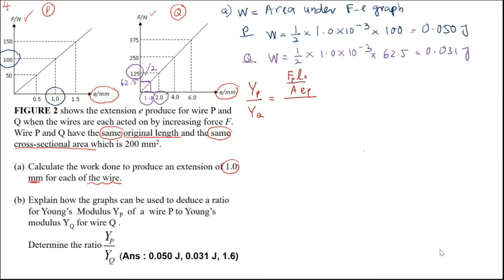But because the original length and cross-sectional area for both wires are the same, I do not put the notation for the length of the wire and the cross-sectional area.